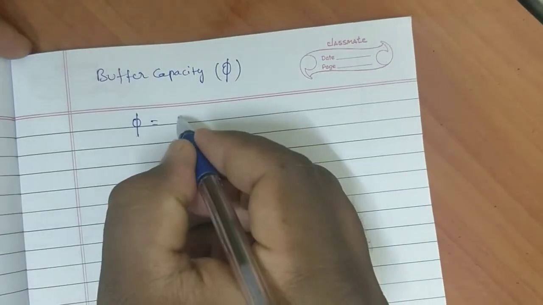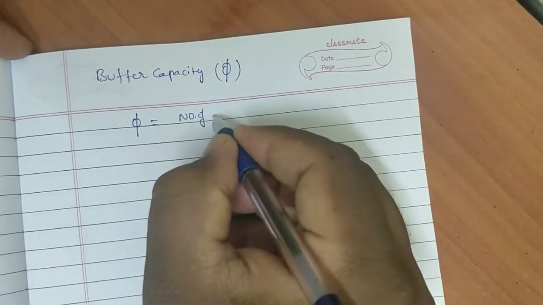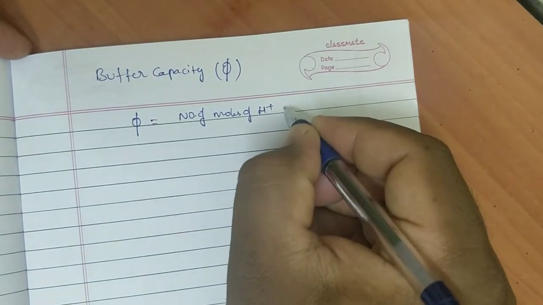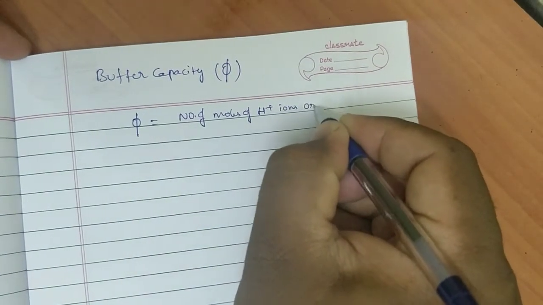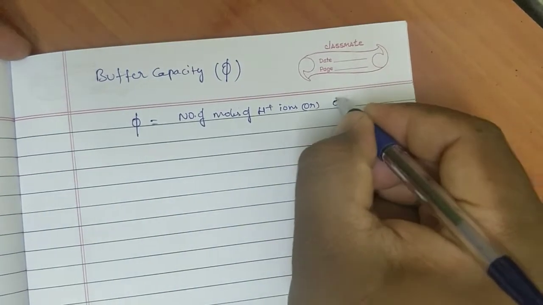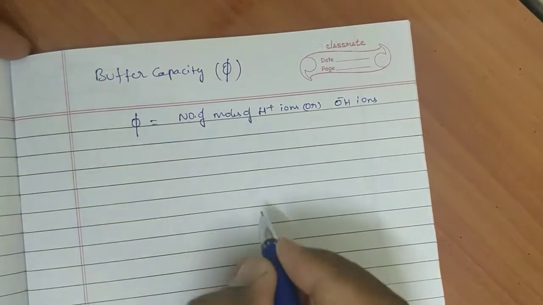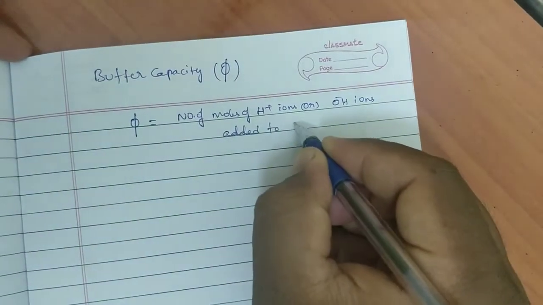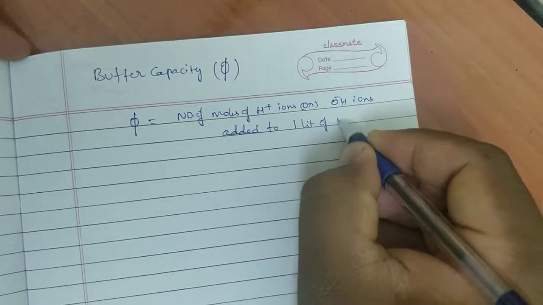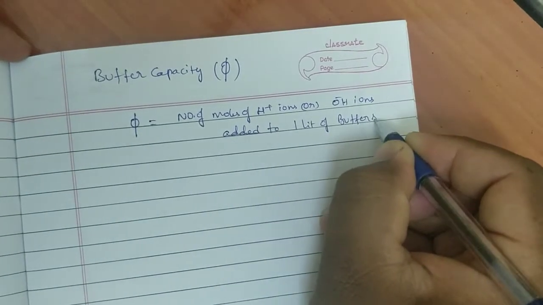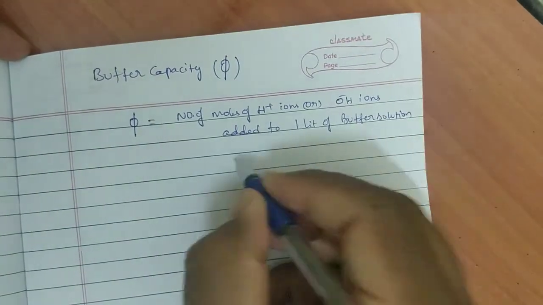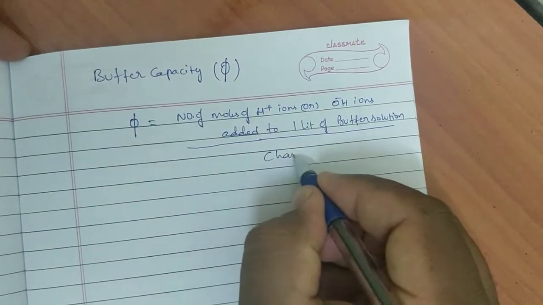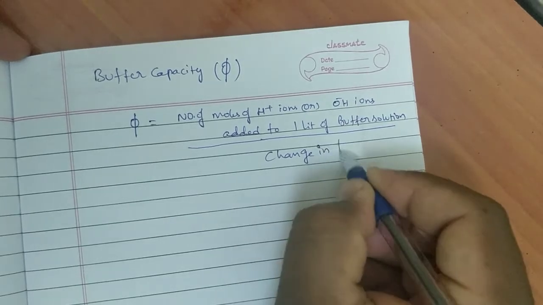Pi is equal to number of moles of H plus ions or OH minus ions added to 1 liter of buffer solution divided by change in pH.